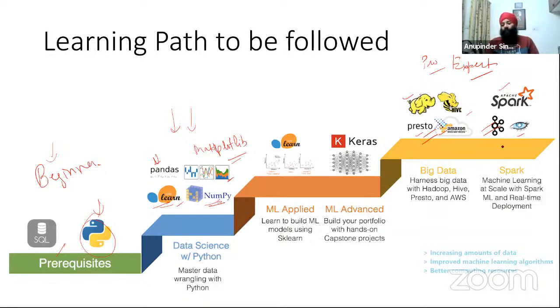Cassandra is there, and so on. So anything which is going to work on the batch and model-based approach and supervised learning is actually going to harness the big data approach. So you have Hadoop, Hive, Presto, and the AWS related things. Pig is also there, which you can use, which is again from Apache. It's a weird name, but yes, it is there.